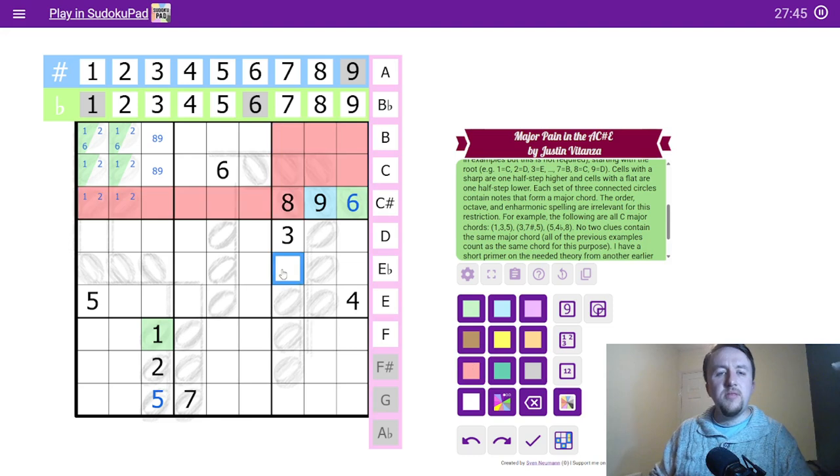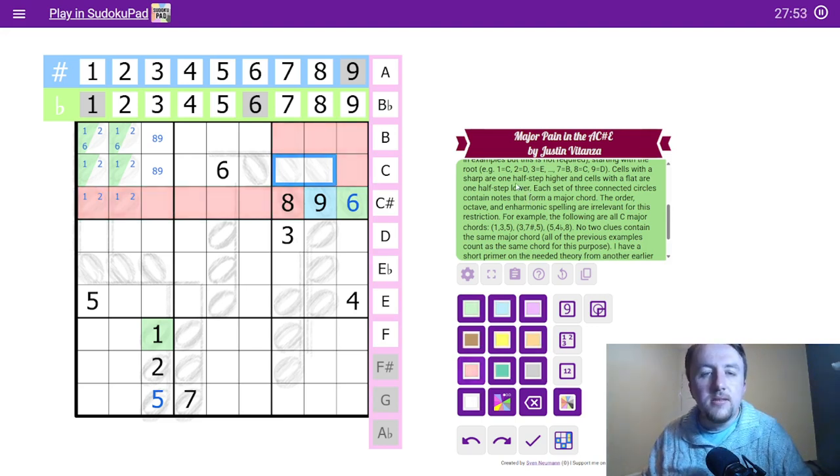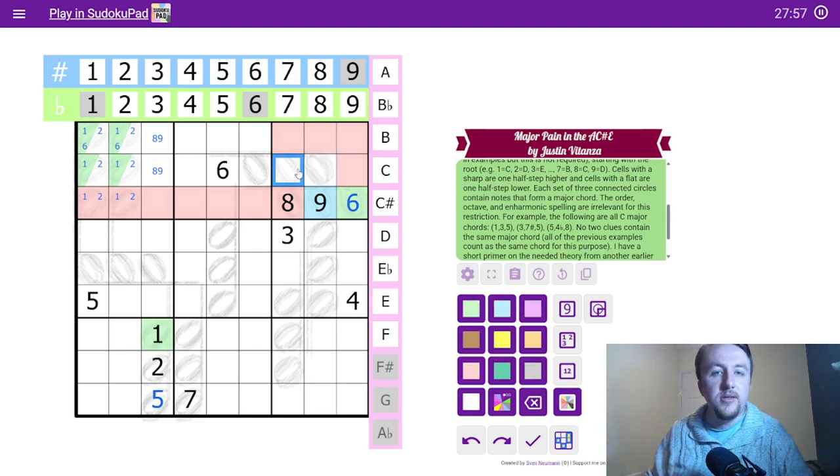Actually, red might be the best one yet. Yeah, I can just about see the minims through that. Tell you what, I will make it a softer shade of red. Very, very, very soft red. Yeah, these modifiers are kind of blocking out the minims beneath them as well.